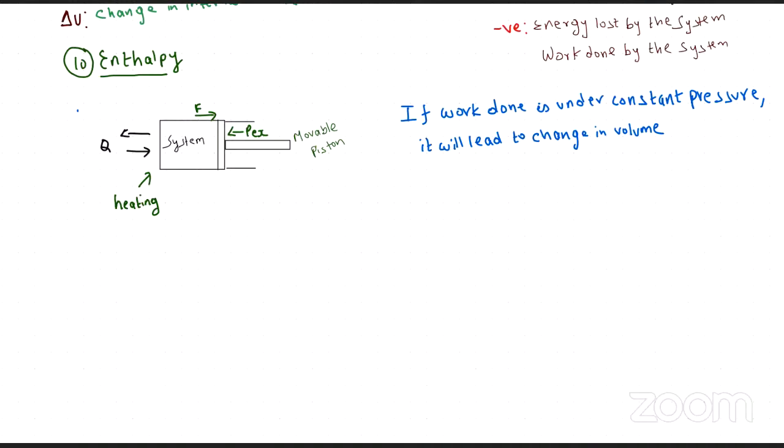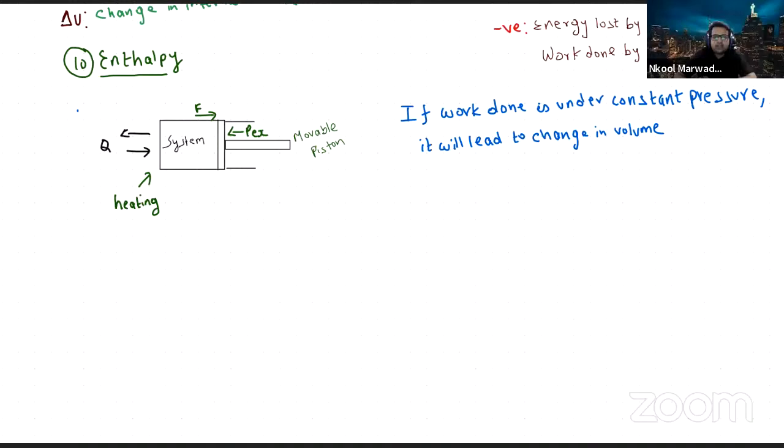With this idea, I can represent it mathematically: work done is equal to minus P times (Vf minus Vi). And why am I using minus P?